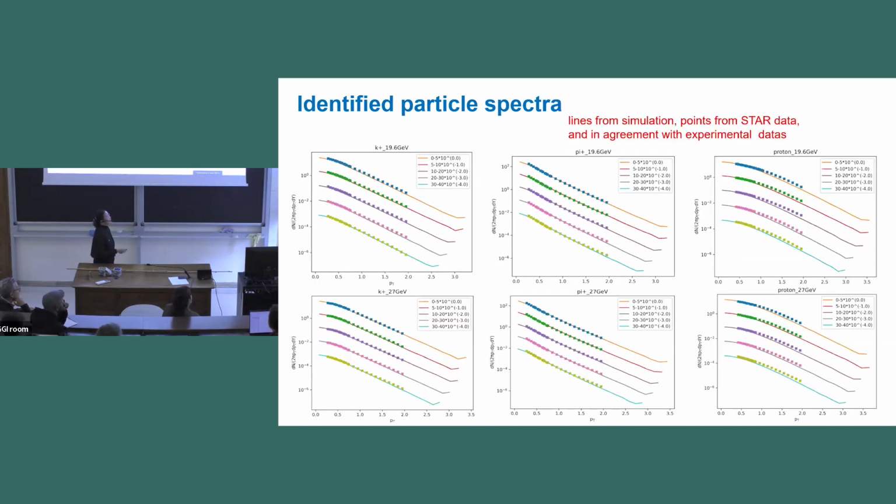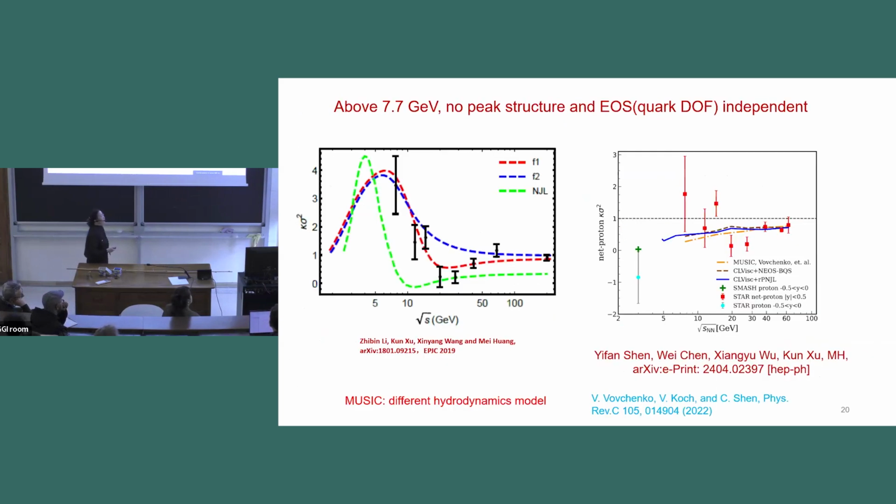The spectra turn out for different collision energies not very bad. I mean, it looks good. And then with this, we can observe the net proton fluctuations. You can see that indeed there is no peak structure.